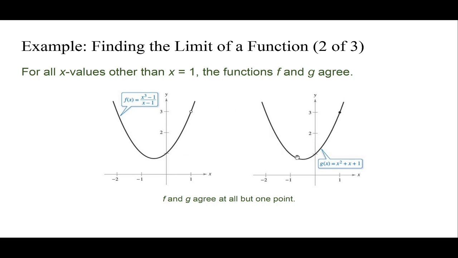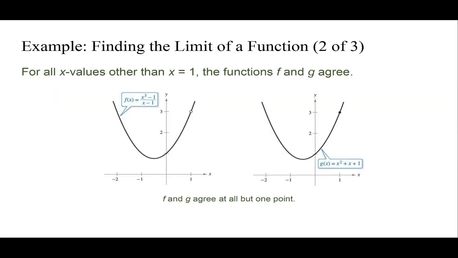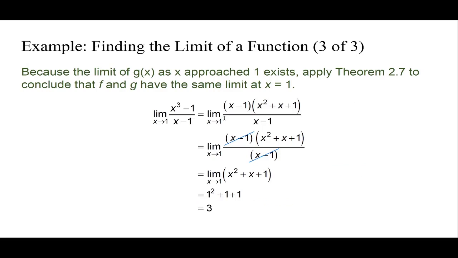And g of x doesn't have a hole. It's defined everywhere. Basically they are the same function except at 1. So when we try to find the limit of this function when x approaches 1 from the left or right, they have to have the same value. That's the meaning of theorem 2.7. In this case, the limit as x approaches 1 is the value of g of x, which is 3. So they are the same. Okay, that's why the limit is 3.